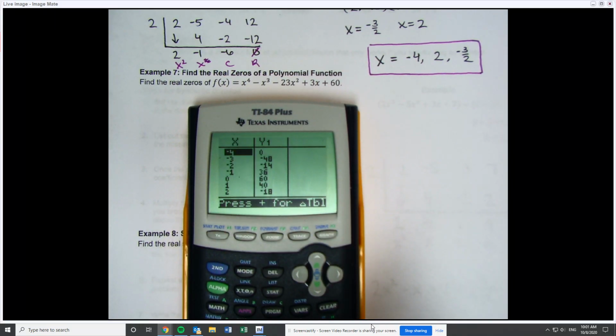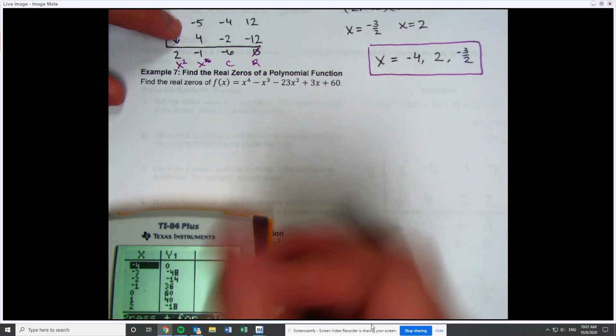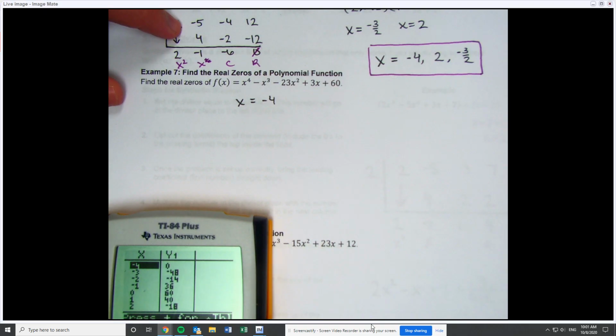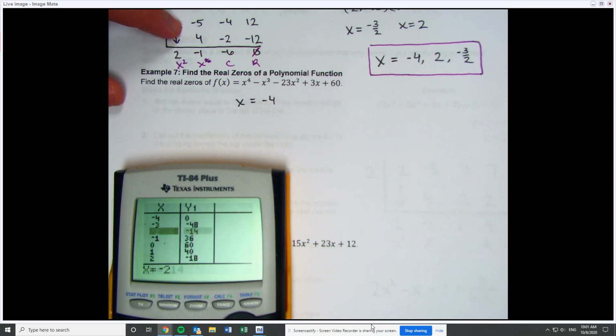-4, it worked out. So I know for sure that x equals -4. 2 did not work out. I don't have 0. 2 or -2 didn't work. Now 2 doesn't work. So my last guess was 5. That one worked.